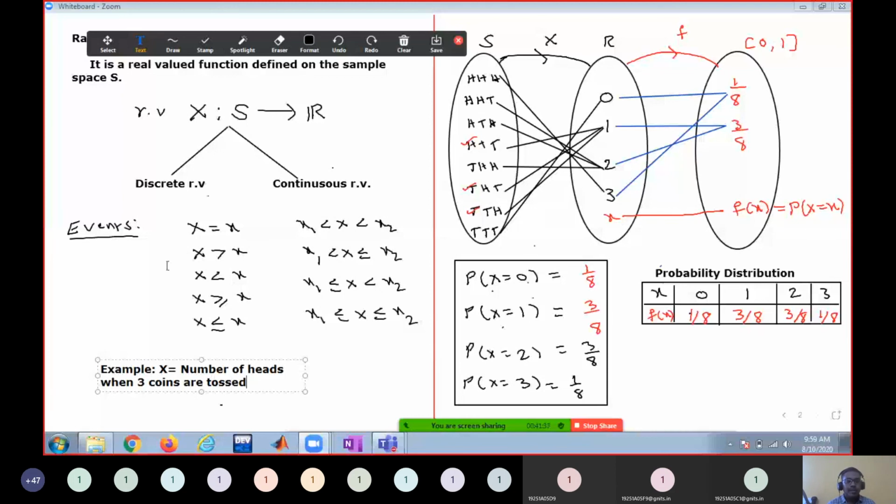My random experiment is tossing 3 coins. Once you have the random experiment, you have the possible outcomes, and these are the 8 possible outcomes. Once you have the sample space, you can ask any kind of probability about the outcome of the random experiment.